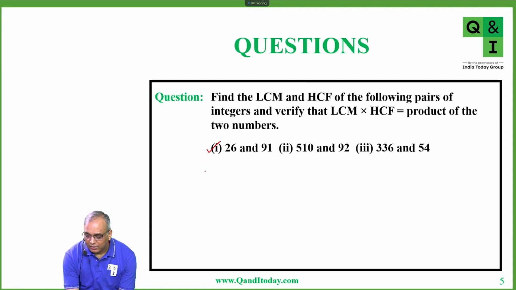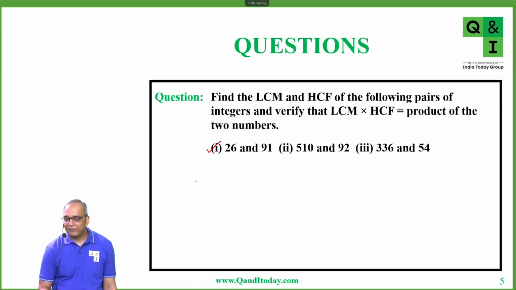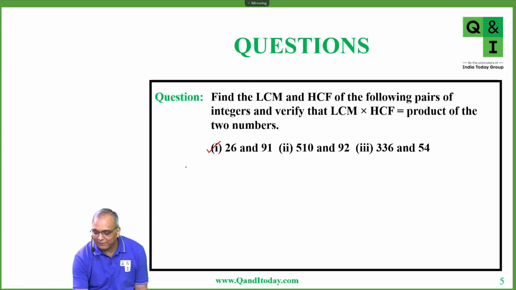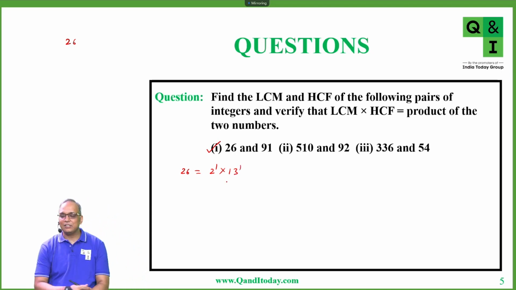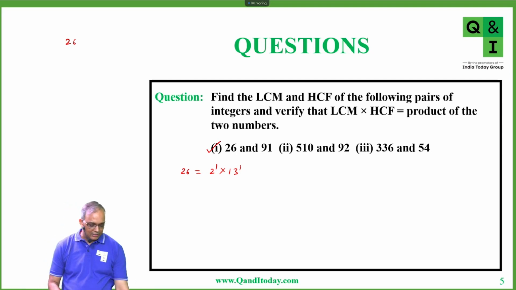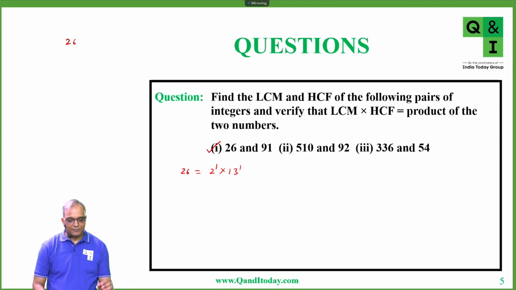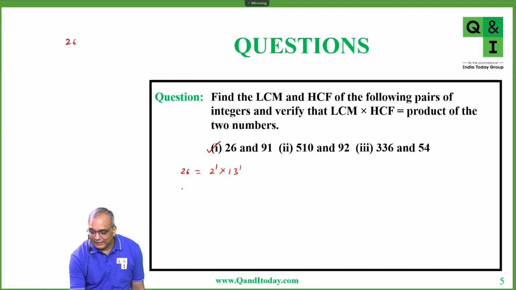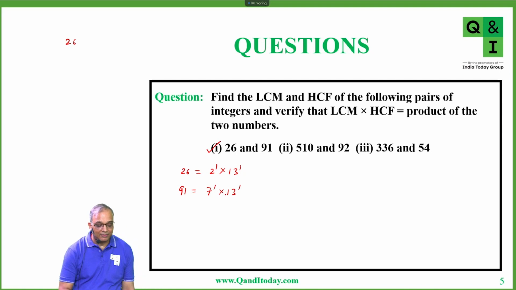Step one, we will find the prime factorization of 26. 26 is 2 to the power 1 into 13 to the power 1. It is easy, so we can directly write it; otherwise, you do the prime factorization with the smallest prime number first. And then 91 can be written as 7 to the power 1 into 13 to the power 1.